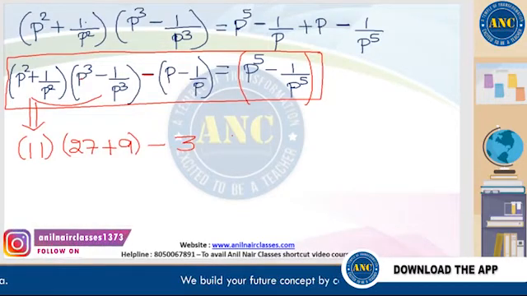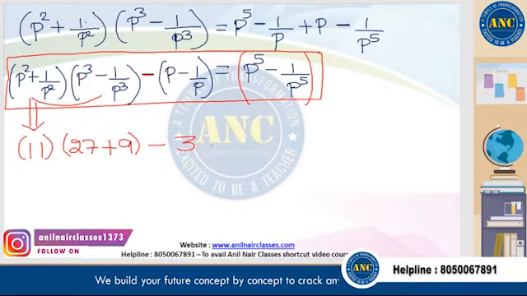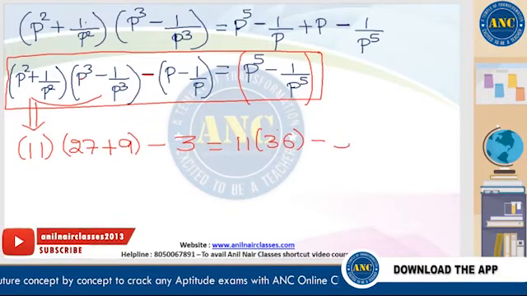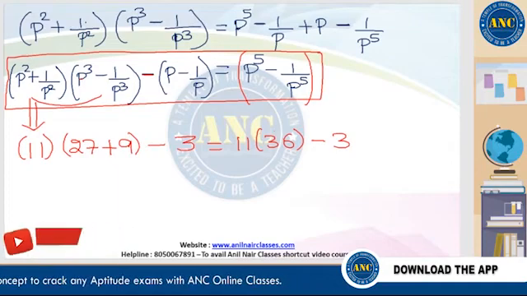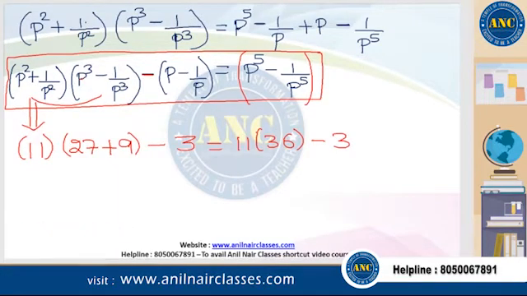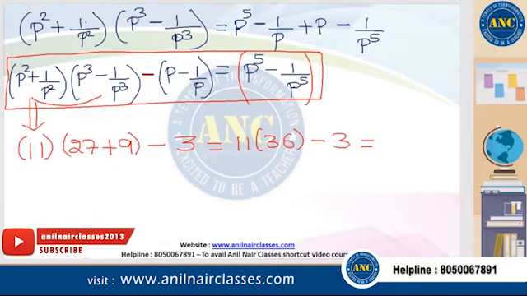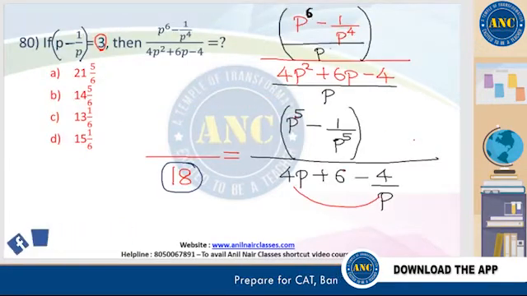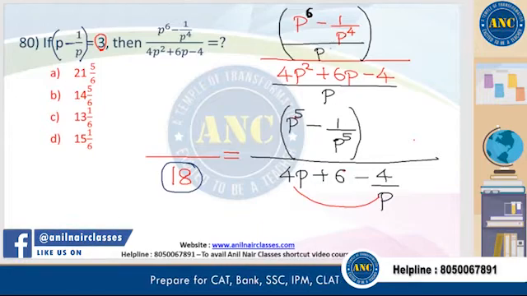So the final answer for this question is 11 into 36 minus 3. 36 into 10 is 360. 36 into 11 is, add another 36 to 360, 396, minus 3, it is 393. That means your numerator p power 5 minus 1 by p power 5 value is 393.